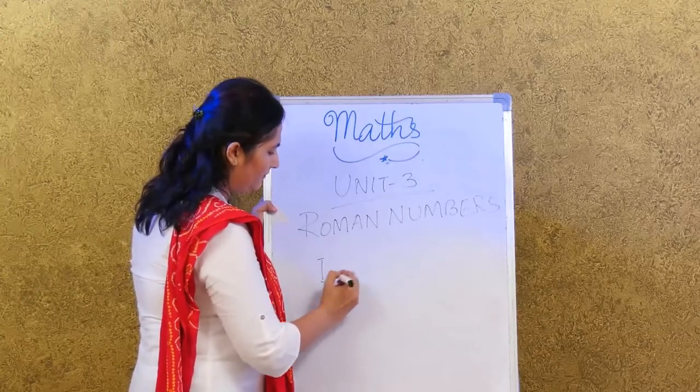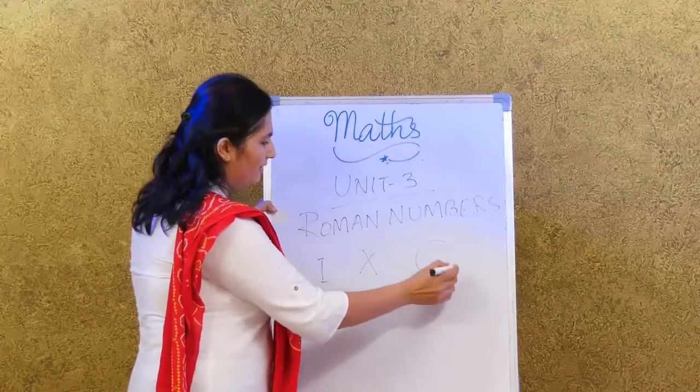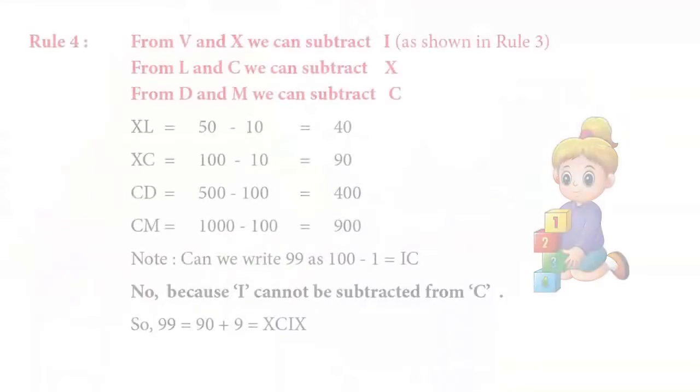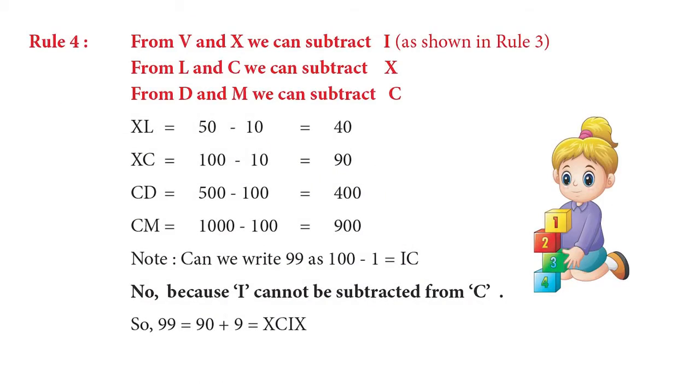Only these can be subtracted. Come back to the textbook again. Rule number 4. From 5 and 10, we can subtract 1. From 50 and 100, we can subtract 10. From 500 and 1000, we can subtract 100. So we can look at those examples.